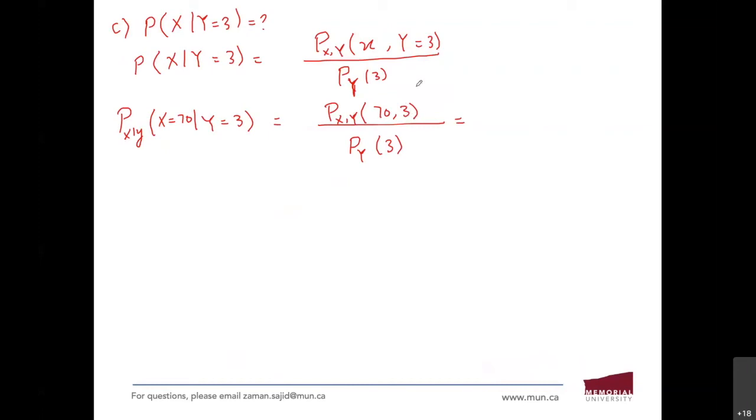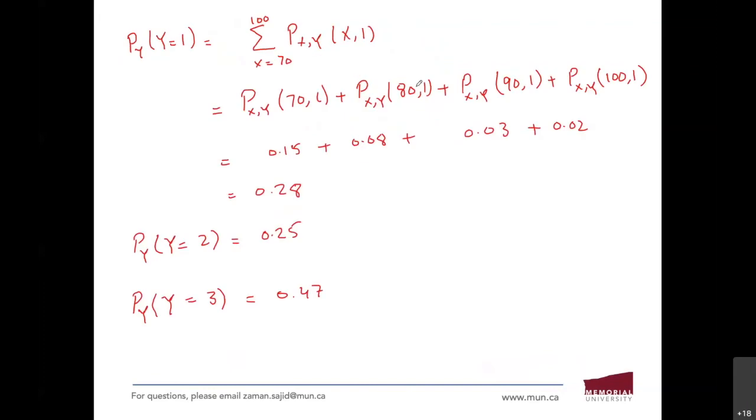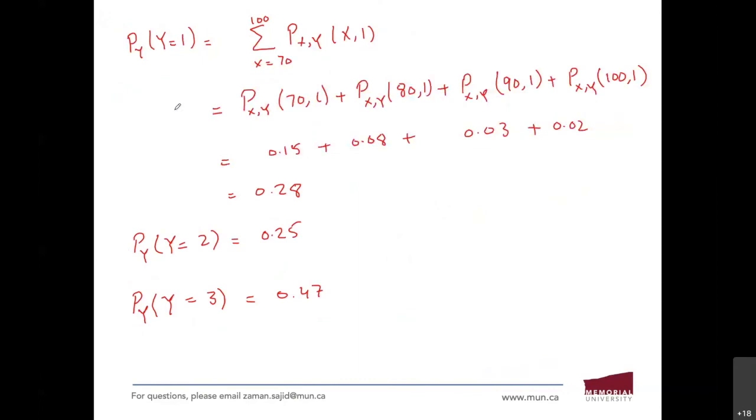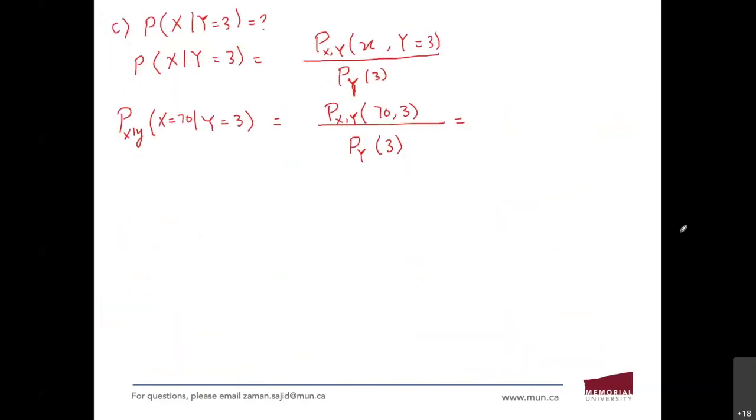So I will take you back to that table. Yes, here. At X equal to 70 and Y equal to 3, this is the joint probability value, 0.05. Now this is the marginal probability of Y at 3.